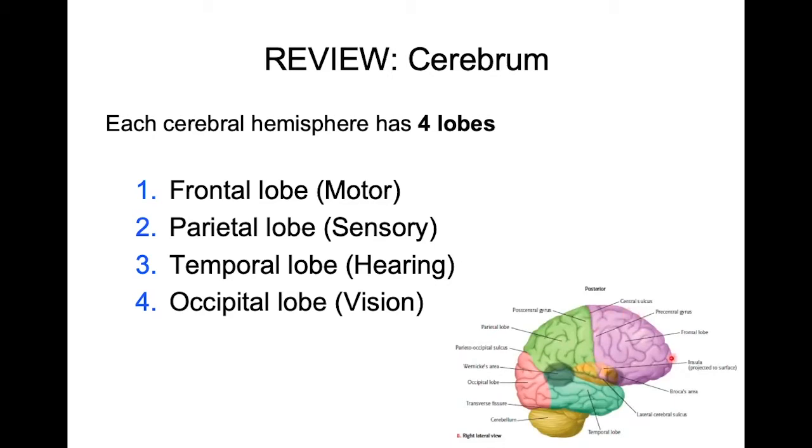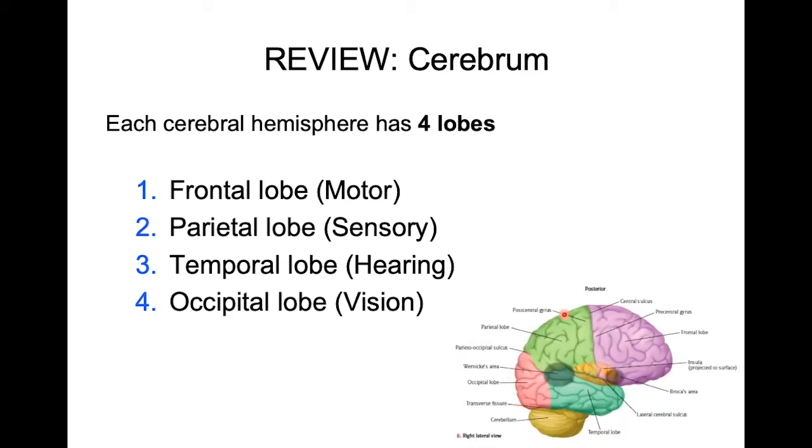And so here anteriorly, we have the frontal lobe, which is responsible for motor. The parietal lobes posterior to that are responsible for sensation. The temporal lobe here, which is divided from the parietal and from the frontal by the lateral cerebral sulcus, is responsible for sense of hearing. And then lastly, the occipital lobe, which is responsible for our sense of vision.